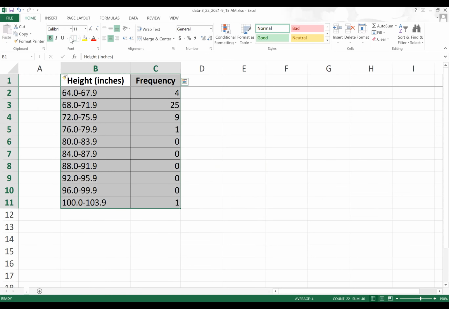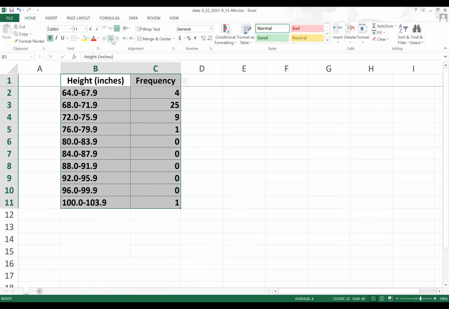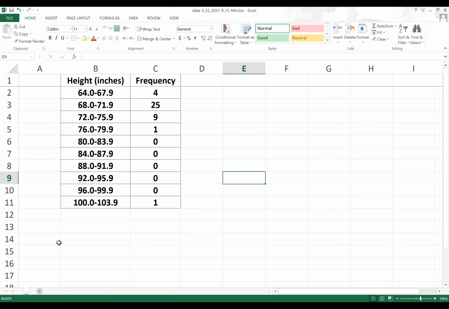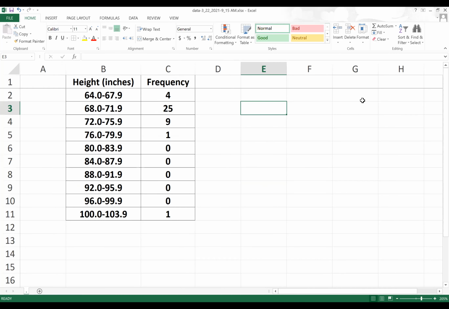Okay, so I'm going to format it a little bit. Start with the midpoint. No, class width. Class width is the difference between two consecutive lower class limits or upper class limits.